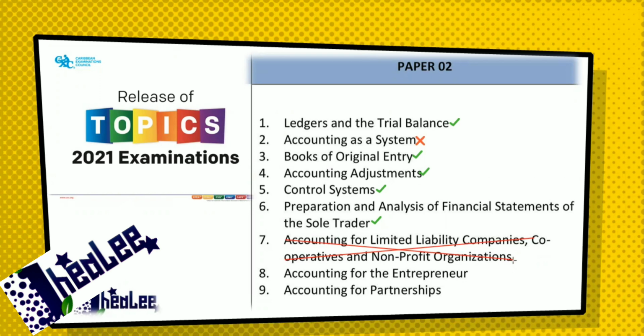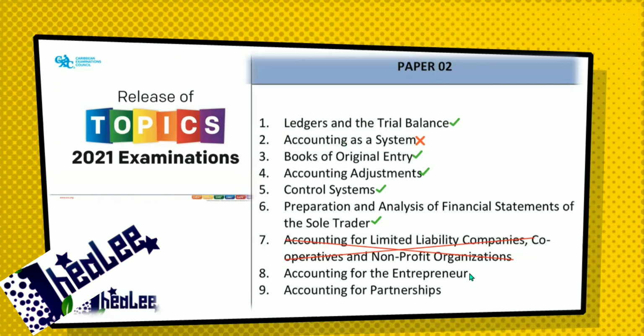That is a broad topic, and that was not tested. The time that you would have spent on preparing for this number 7, this broad topic, could have been used to broaden your knowledge on preparing the others, right?